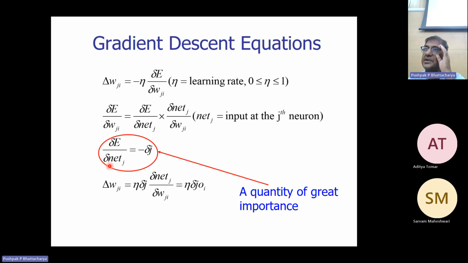Now, a bit of digression for 1 or 2 minutes. Some of you have come and asked me, where is this material on backpropagation from? This particular material, gradient descent equations for sigmoid neuron, is from a book called Parallel Distributed Processing by McClelland and Rumelhart.